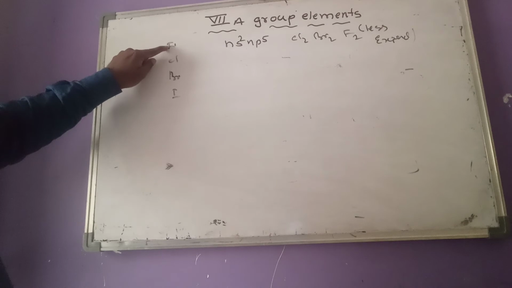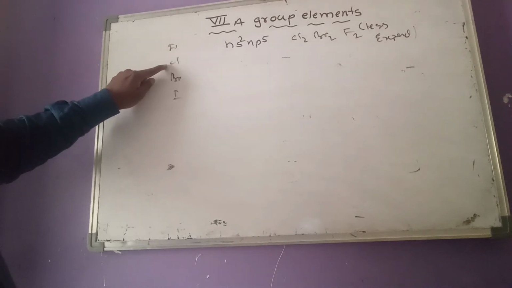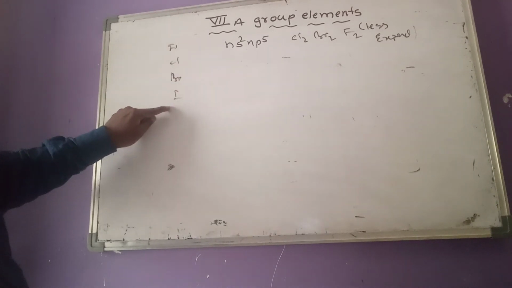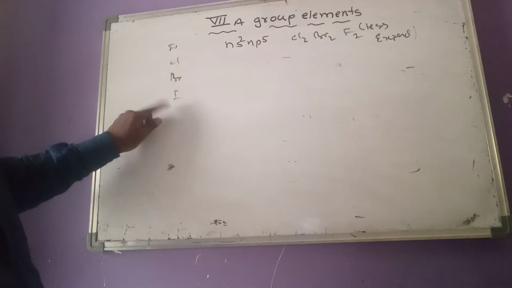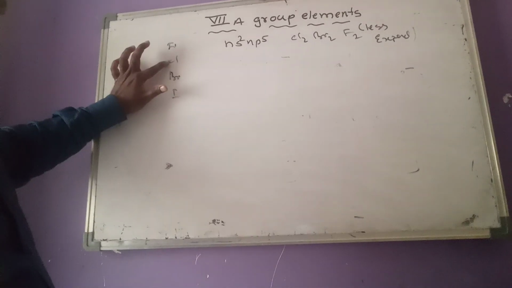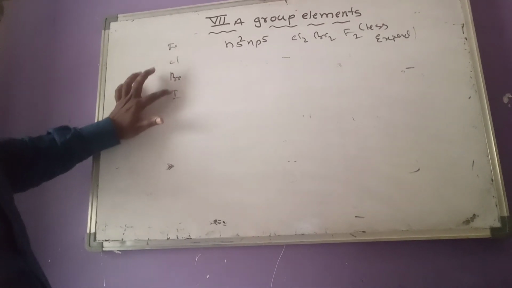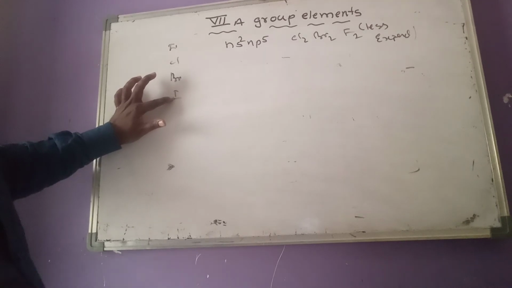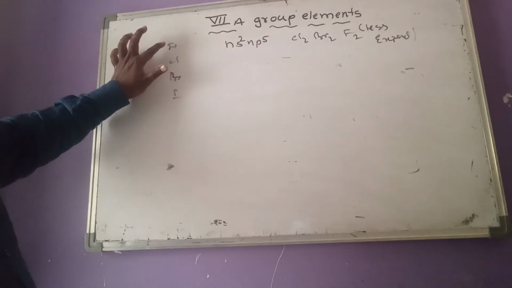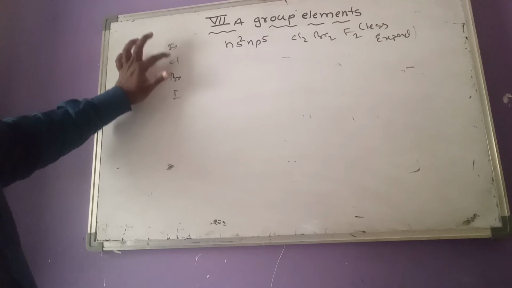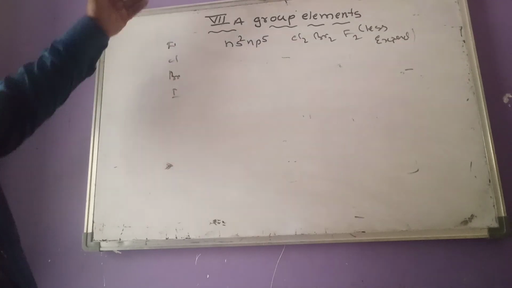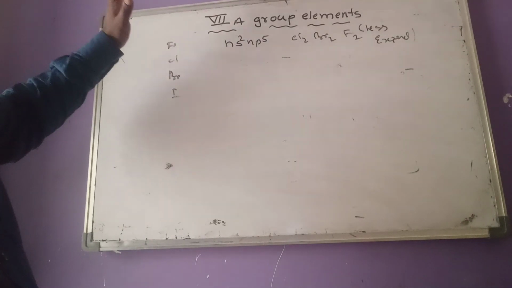So that's why fluorine can displace all other halogens from their halides. Okay, then chlorine displaces bromine and iodine from their halides but can't displace which one? Fluorine, because fluorine is present in the above row in the theater, like that you have to think.